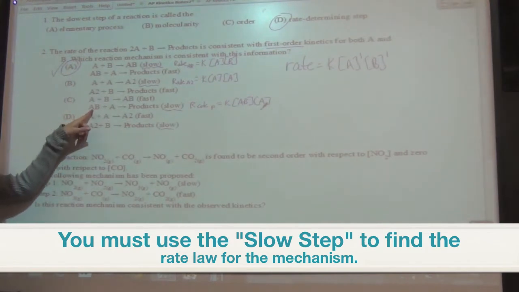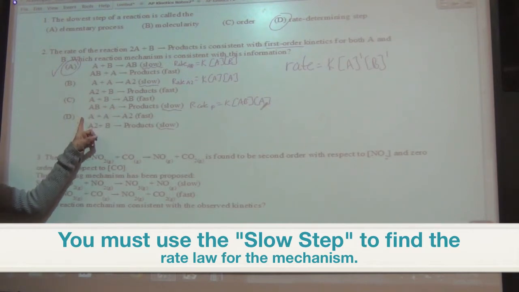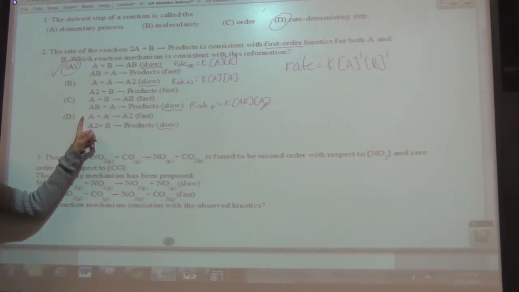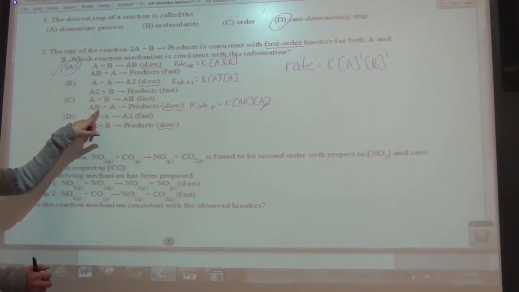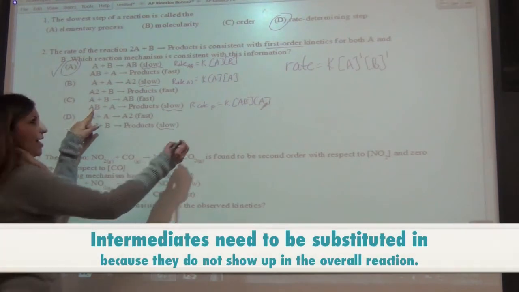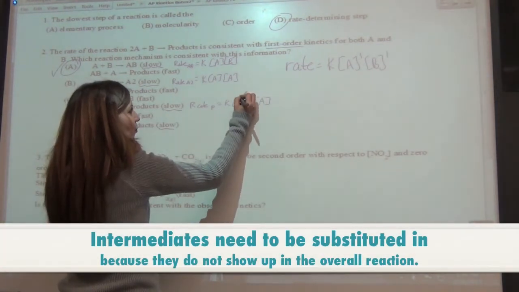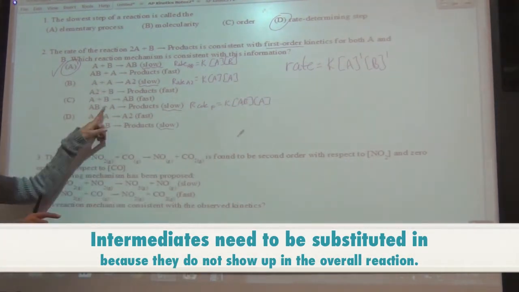Well, the problem is that AB is, what do you call something that is formed and then used up in the reaction? That's called an intermediate. So we know that this is actually an intermediate. And so we need to get rid of AB. We cannot have AB inside of here. We need to actually substitute something else in for AB.